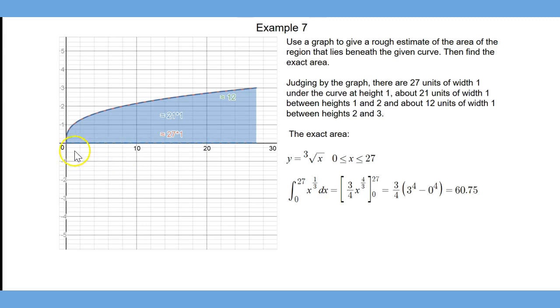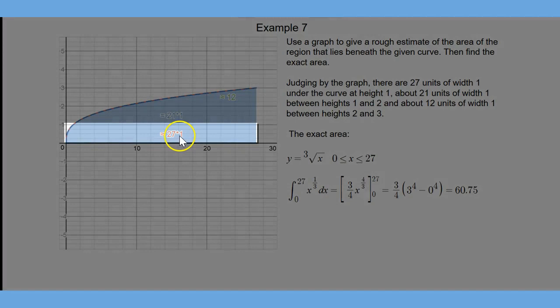You have 27 units along the horizontal axis, the x-axis. If you look at y equals 1, you have almost 27 rectangles of width 1 filled in here. So this is about 27 times 1.